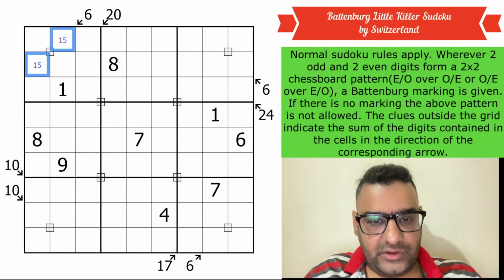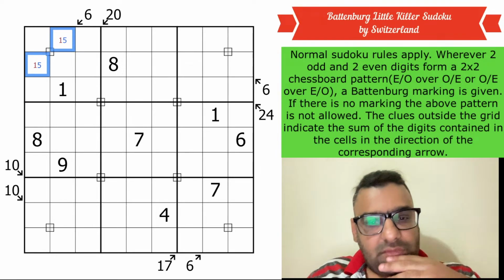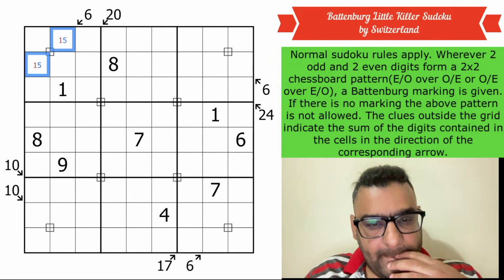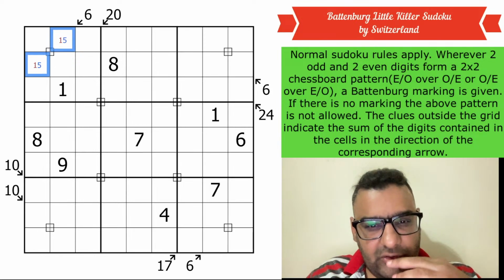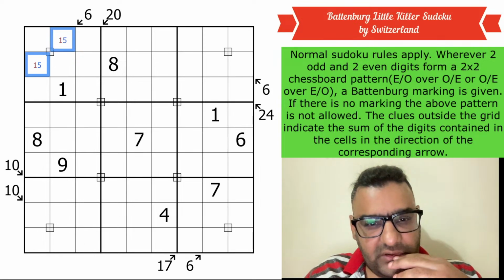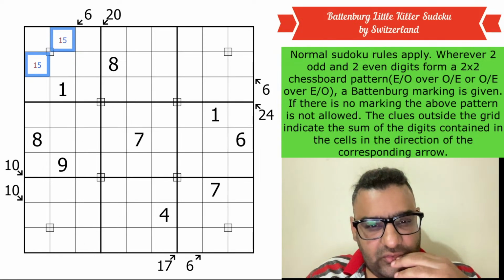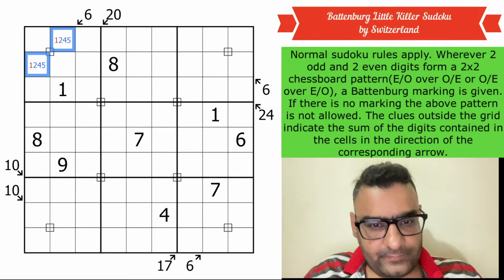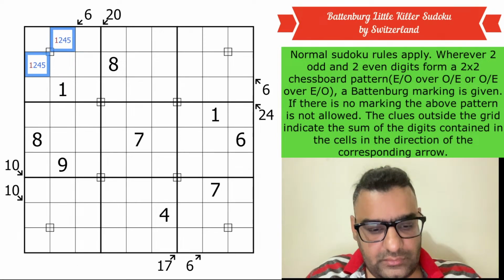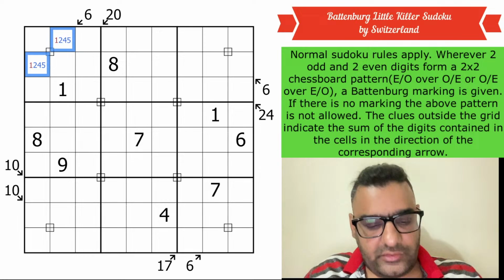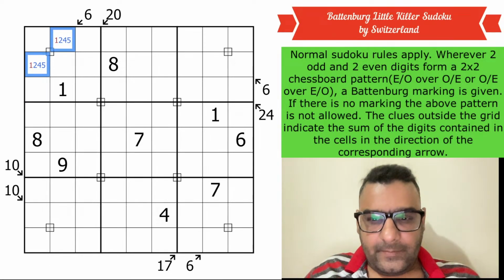Or it could be, how many can it take? 1, 5, 2, 4, and 3 and 3 cannot repeat. 3 and 3, 6. So these are the only numbers that it can have.